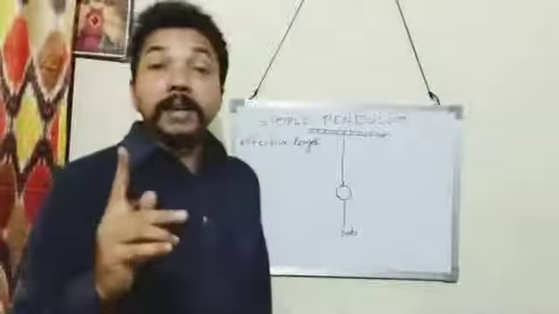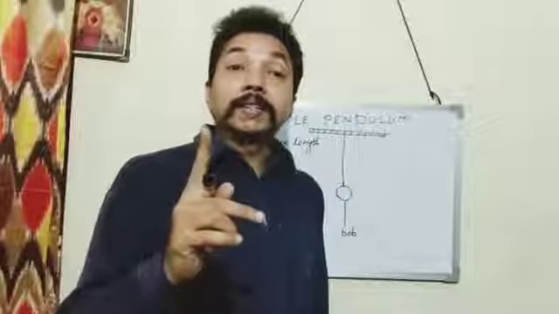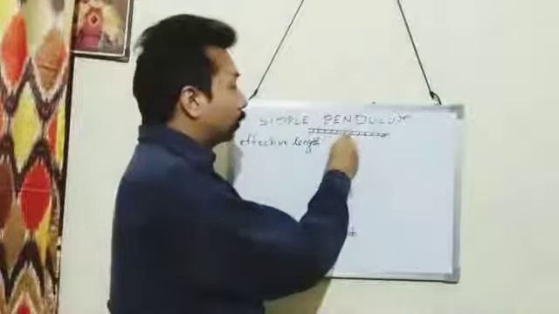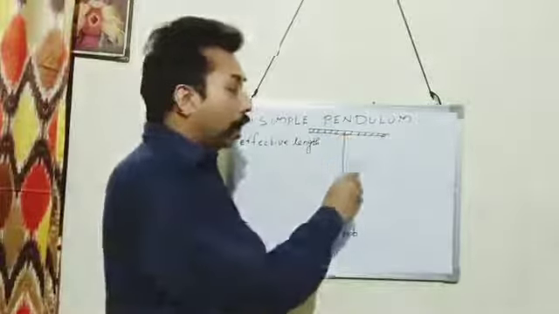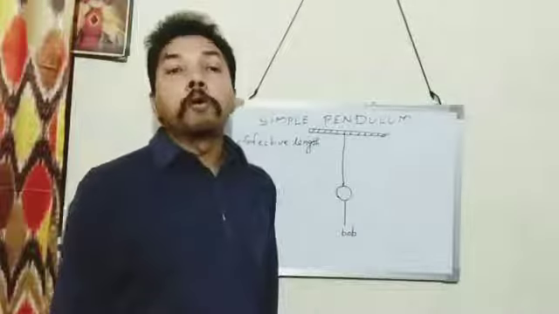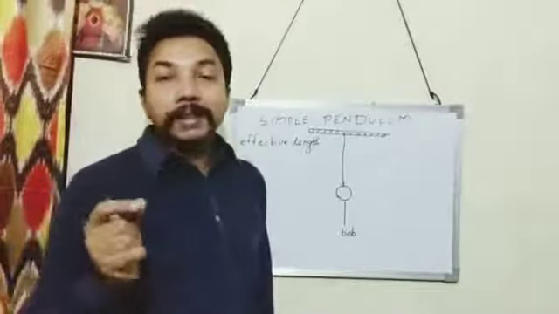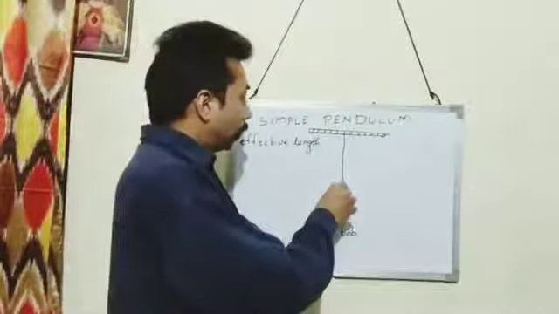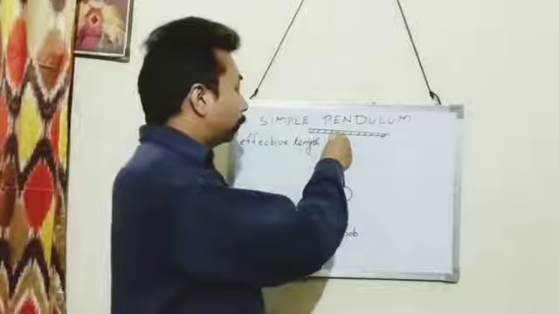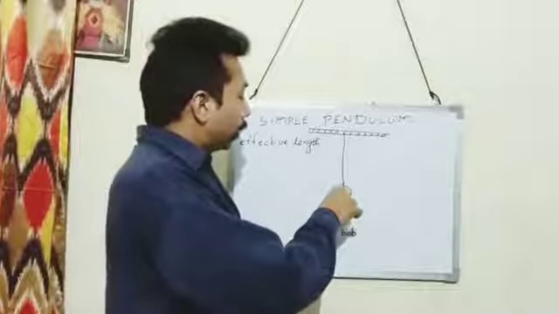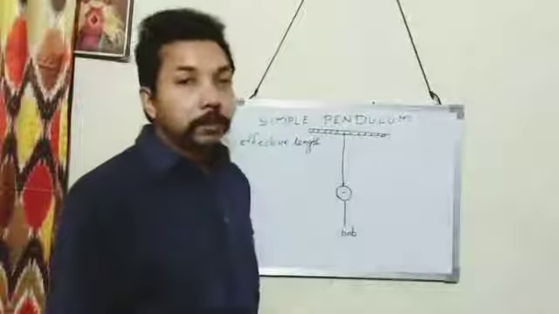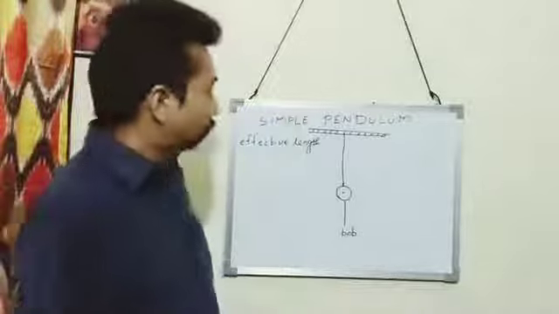Effective length is the distance between the point of suspension and the center of gravity of the bob. That is called effective length.